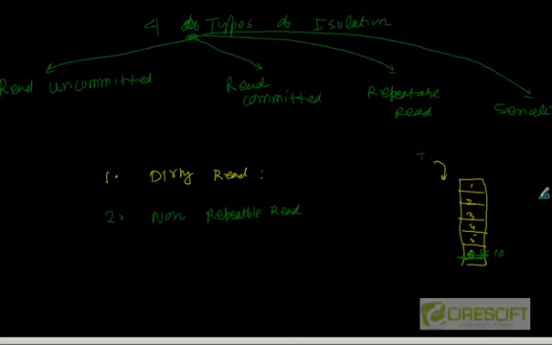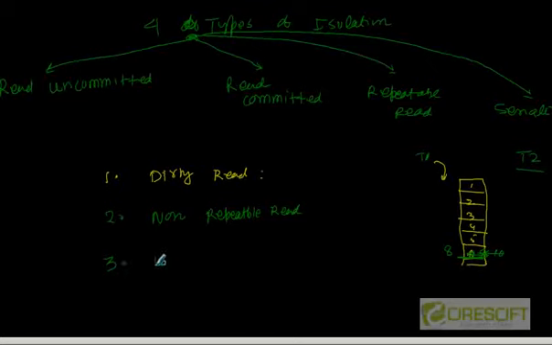You may not get the same answer if you read a row at a different time. Say at time t1 we read the initial value 8. At time t2, after the update, when you read again, you see another value. Therefore this is called non-repeatable read. That means if I run the same select statement at two different times, I am not able to get the same result.